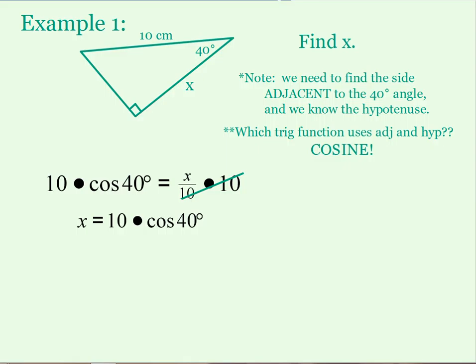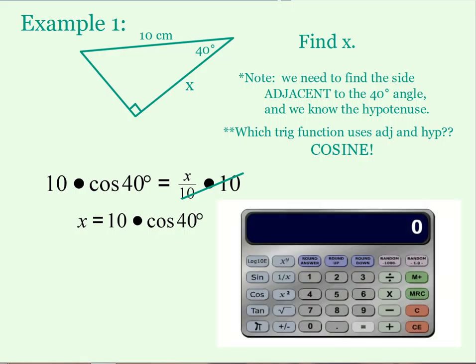So now I need to have a scientific calculator. So we're going to bring in a scientific calculator. Remember, there are two types of calculators. So if you have a different type of calculator, it might work a little differently, and we can go over that in class.